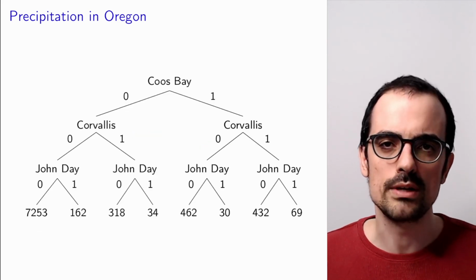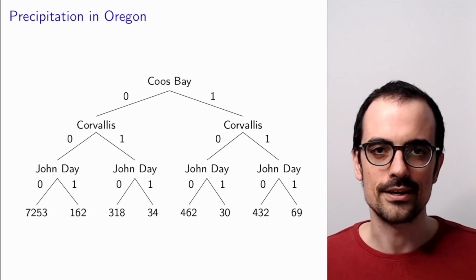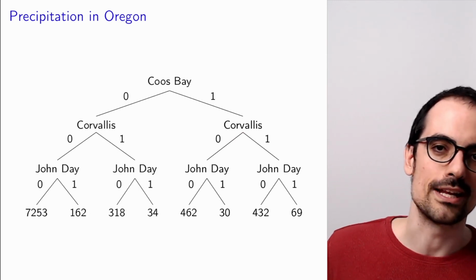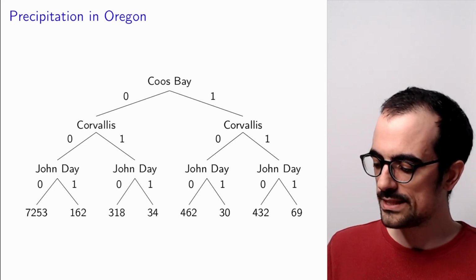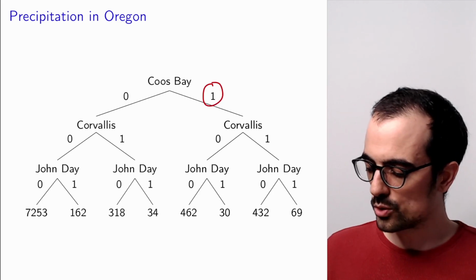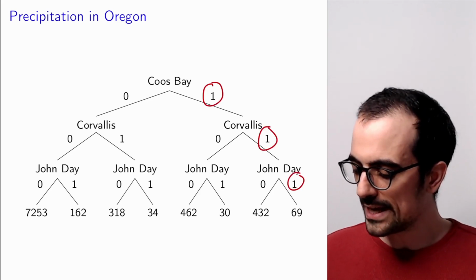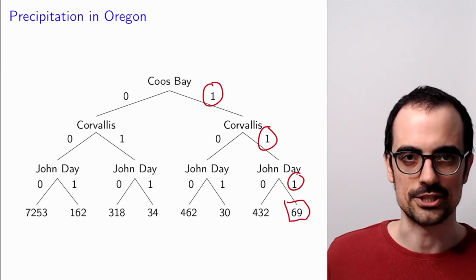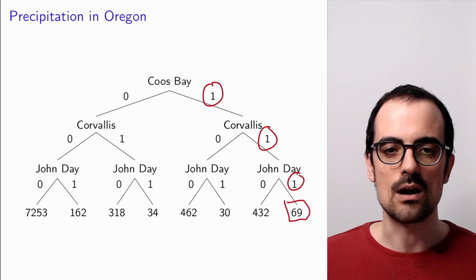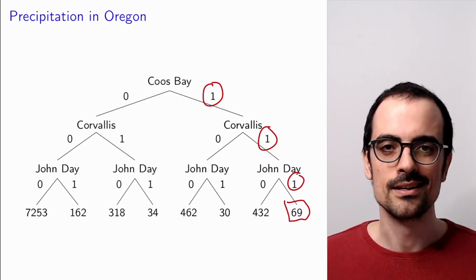For simplicity, we're only going to consider data points which tell us whether it's raining or not, not how much it's raining or how much it's snowing. So basically, this means that it's raining in Coos Bay, also raining in Corvallis, also raining in John Day. So this happens 69 times. These are our hourly measurements, okay? So for 69 hours in a year, it was raining in the 3 places.